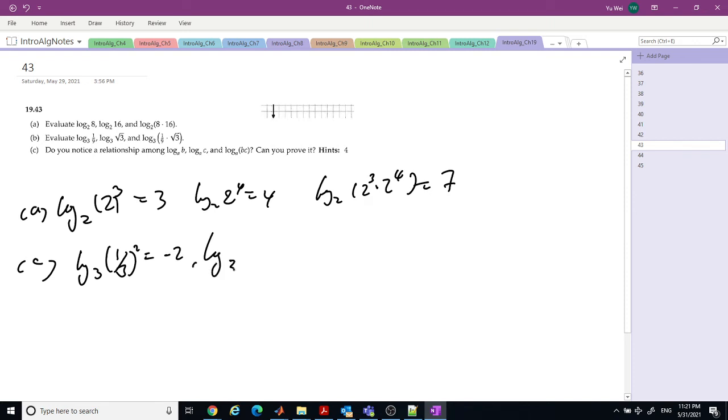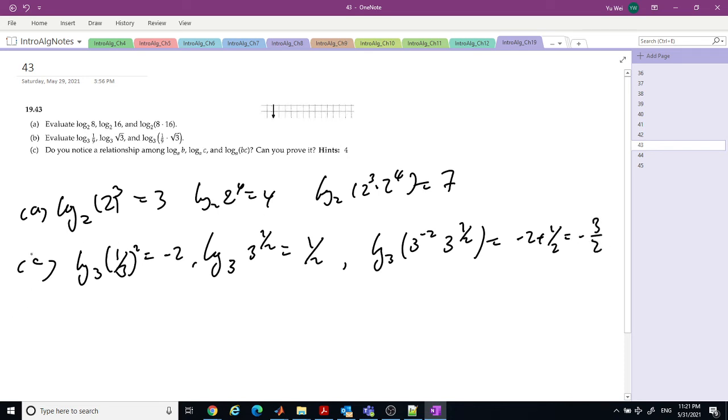Log_3 of the square root of 3 is equal to 1/2. Then negative 2 plus 1/2 is equal to negative 3 over 2. Okay, that's B.